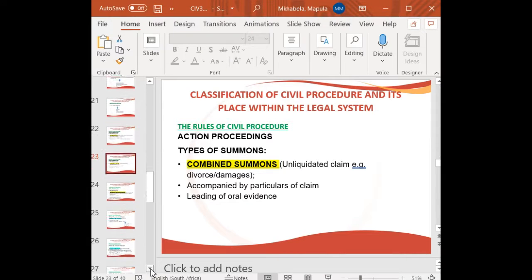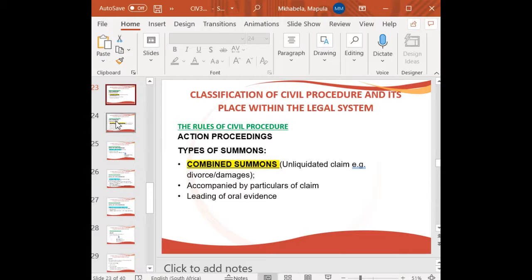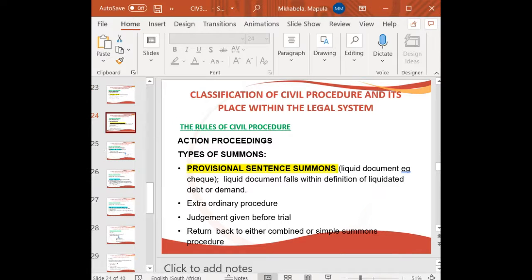Now, provisional sentence summons. It is an extraordinary procedure, ladies and gentlemen, aimed to assist a creditor armed with prima facie proof or evidence to recover his money without resorting to the illiquid summons proceedings.